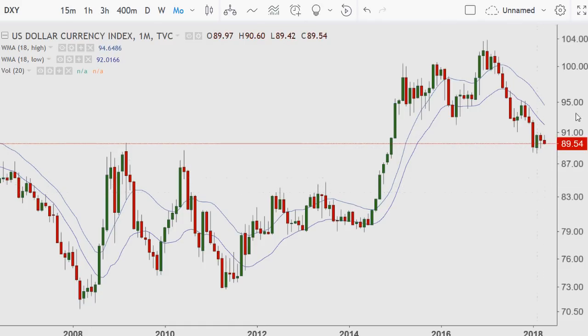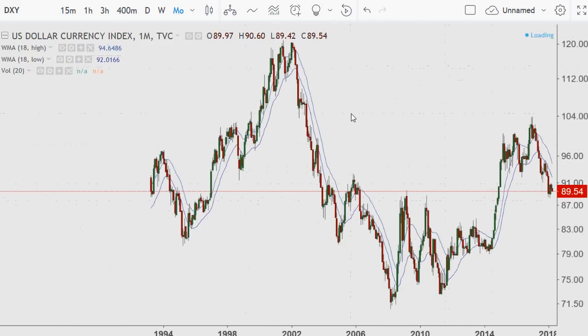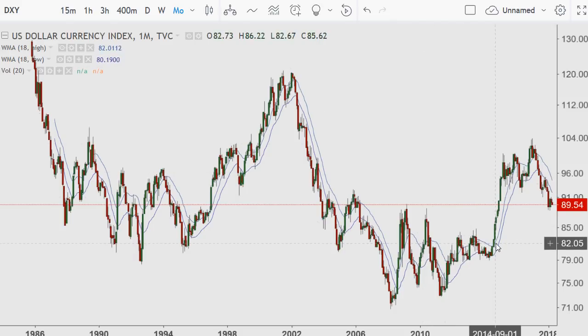On this monthly chart, for any type of decent correctionary moves, it's going to need several months to correct through time within this move. The 18 average of lows right now is at 92. The 18 average of highs is close to 95. If it looks good on the daily charts and all that, it's got a long ways to go basically to regain this trend, and it's got a long ways to go even to just revert this and have a decent move lower.